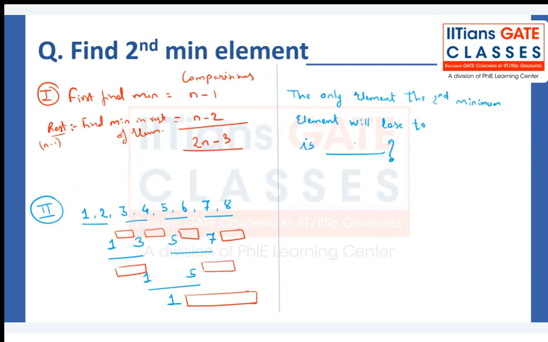Okay, can anyone tell me this? Which player is it that the second minimum element will lose to? Which is the only player that it can lose to? Can anyone tell me in the chat box?